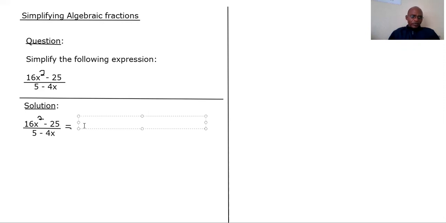So I'll distribute 4x in each bracket, then I'll distribute 5 in each bracket. Remember, we are squaring 4x, so I distribute 4x. I have 4x, and I'm also going to write 4x here.